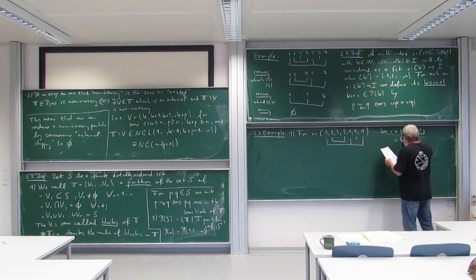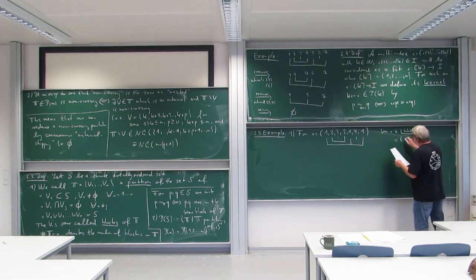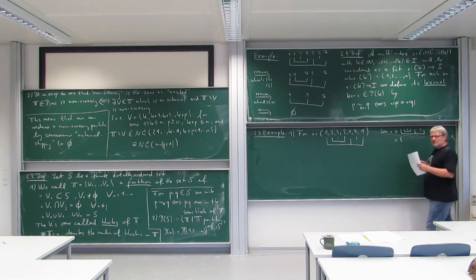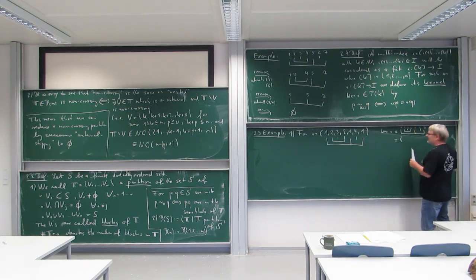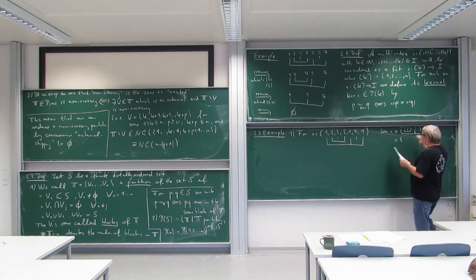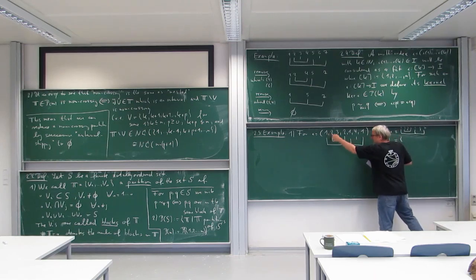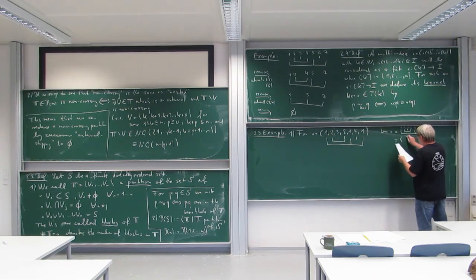Of course, formally, it's a collection of blocks, and the blocks are the positions which are the same. So it's a partition of 1, 2, 3, 4, 5, 6, 7. It tells me at which positions the i's are the same. So this is the position 1, 5, and 7.